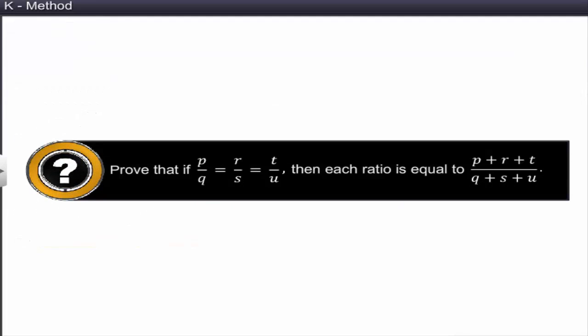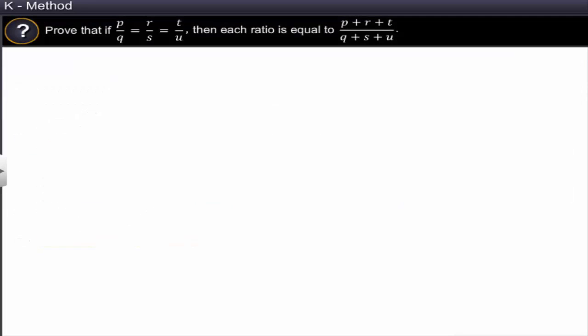If P by Q is equal to R by S is equal to T by U, then prove that each of these ratios is equal to P plus R plus T divided by Q plus S plus U. In other words, all the ratios are equal to the sum of antecedents divided by the sum of the consequents. Let's begin with the solution.